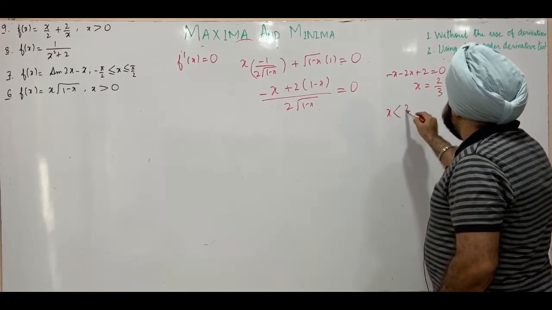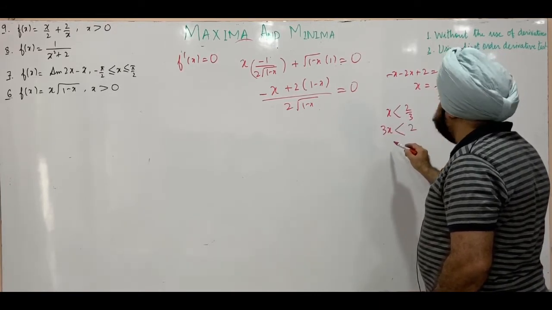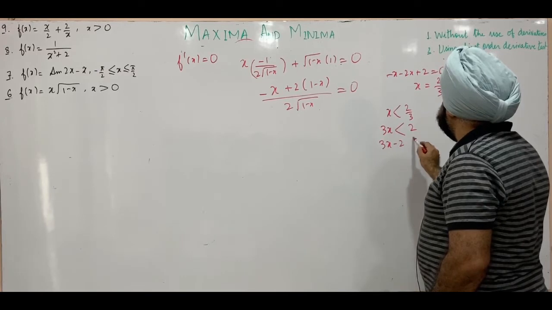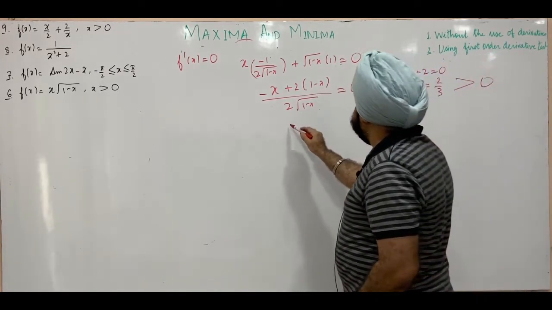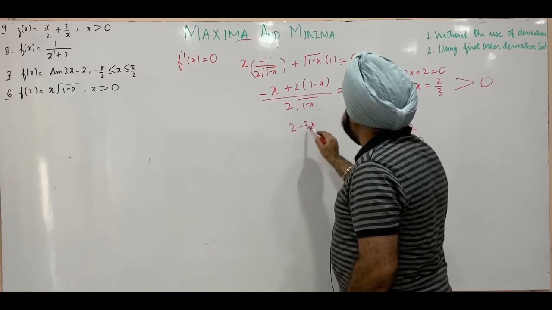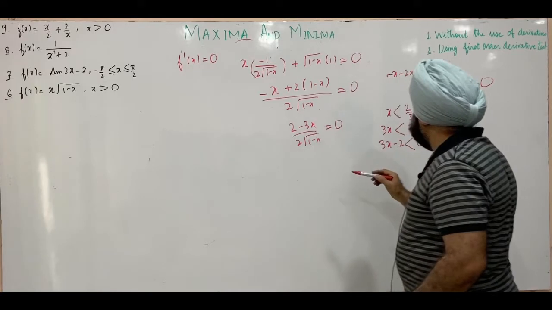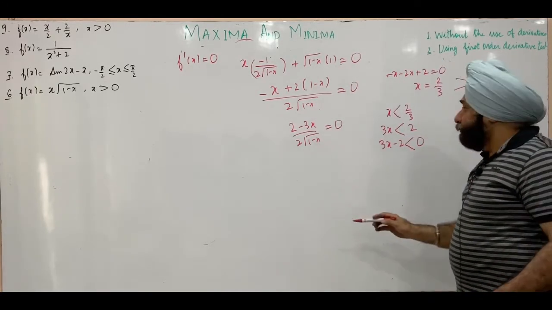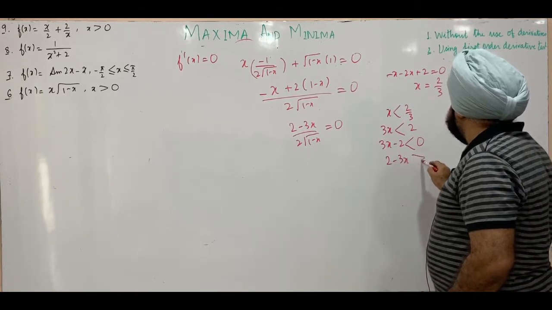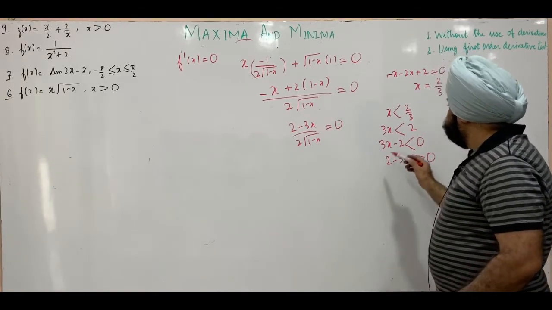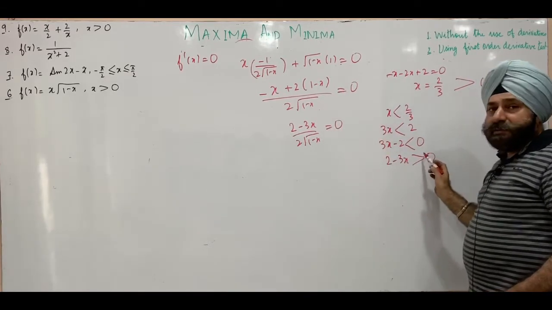When x is less than 2 by 3, this means 3x is less than 2, or 3x minus 2 is negative, and this is 2 minus 3x upon 2 into root of 1 minus x, this is 0. This is derivative. Denominator is always positive. 3x minus 2 is negative, means 2 minus 3x is positive. So this means when x is less than 2 by 3, derivative, sign of derivative is positive.